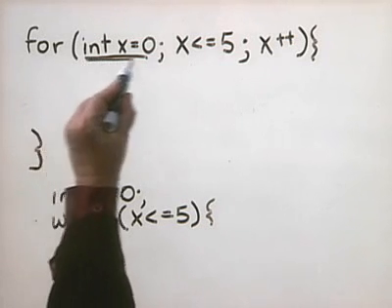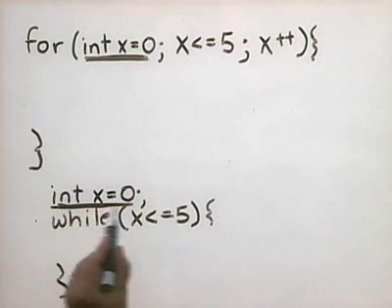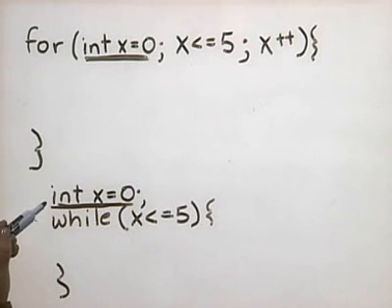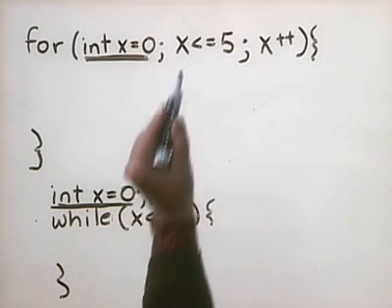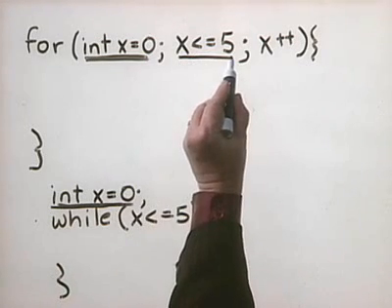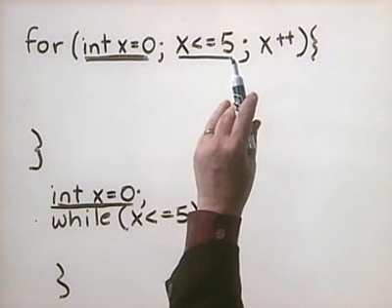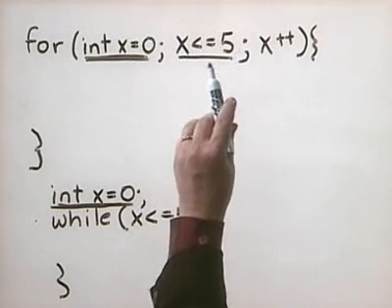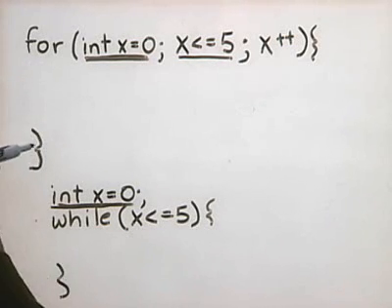So the first part of this maps to just a general initializer variable or counter that you would use in an everyday ordinary while loop. The next piece is your condition. X is less than or equal to 5. So as long as that's true, you want to keep looping through this for statement.